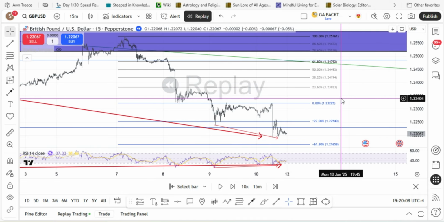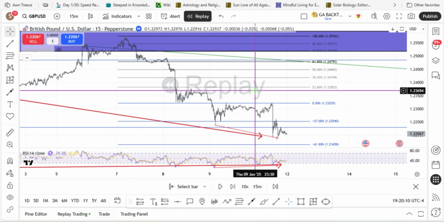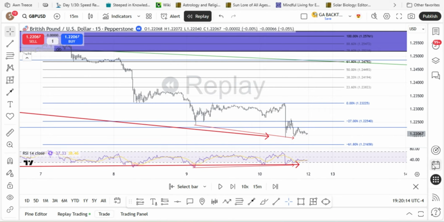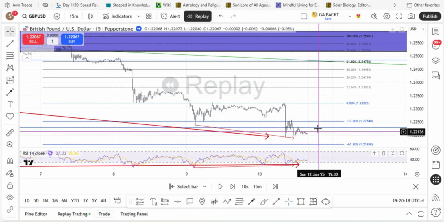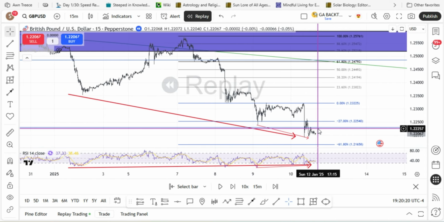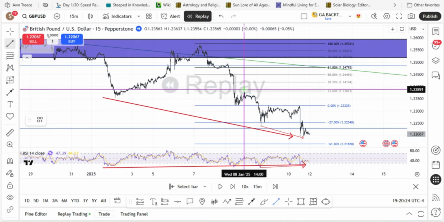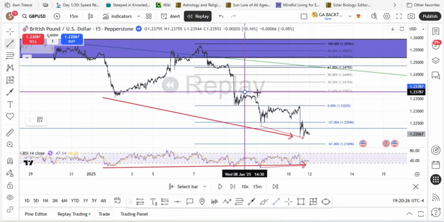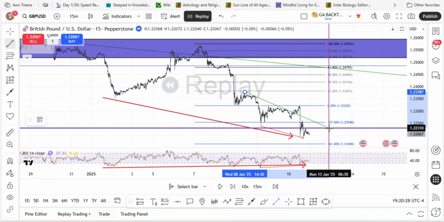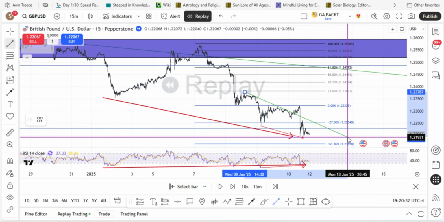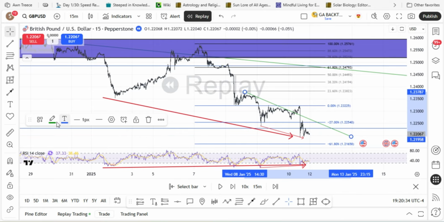So since we do have divergence forming, starting around here, it's not really a trend, but let's see if we can make a trend line. Maybe that.